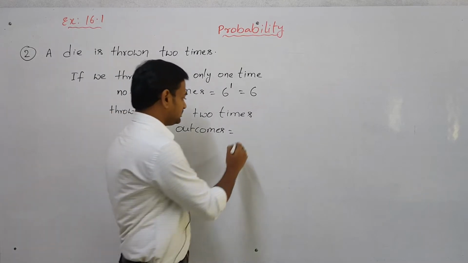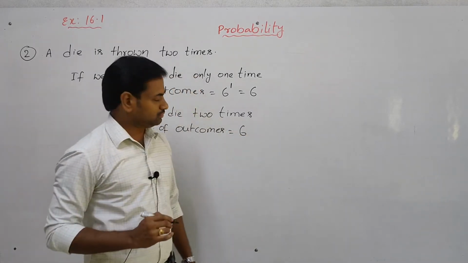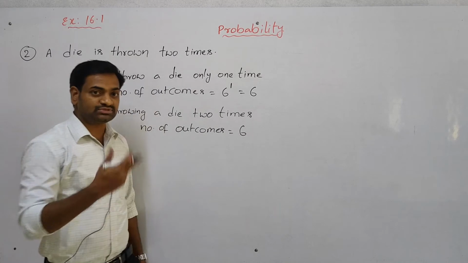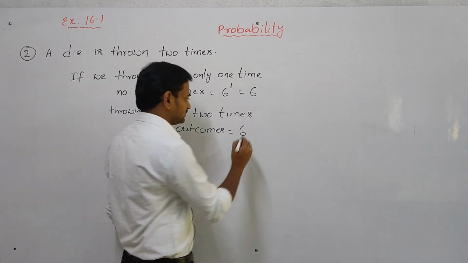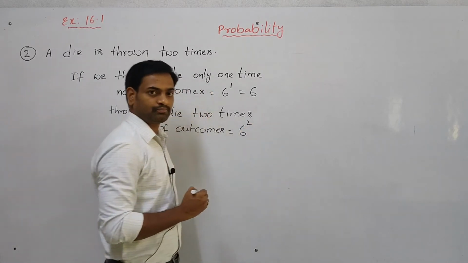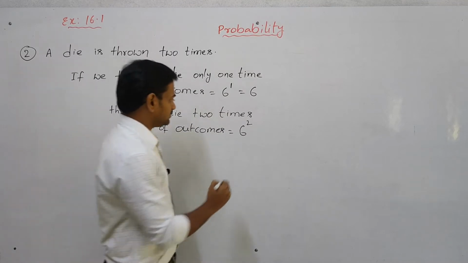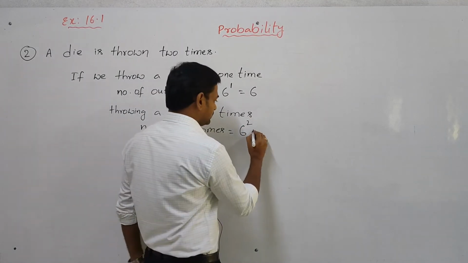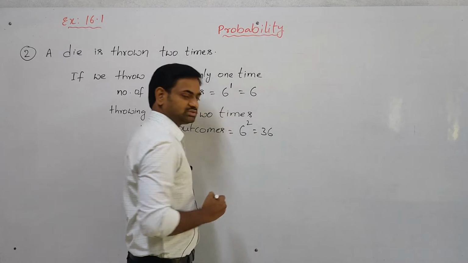Now the die is thrown how many times? 2 times, that is 6 square, 6 power 2, that is 36.